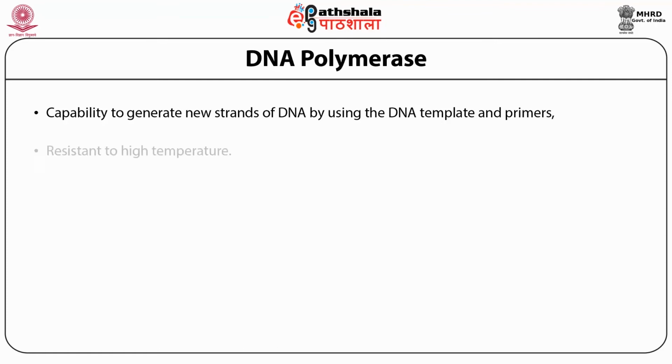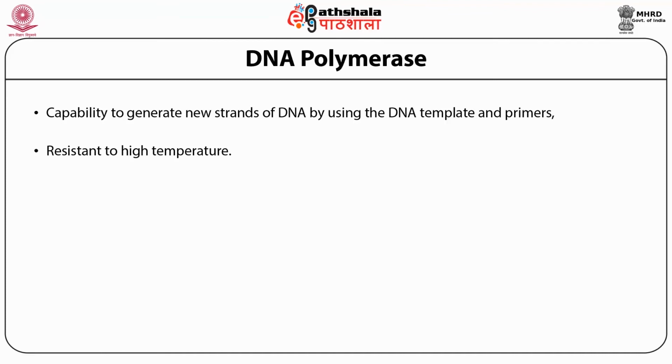The enzyme should be resistant to high temperature. The enzyme should be thermotolerant. That is, the enzyme must survive the temperature of 95 degrees centigrade, which is the melting temperature of the denaturation step.